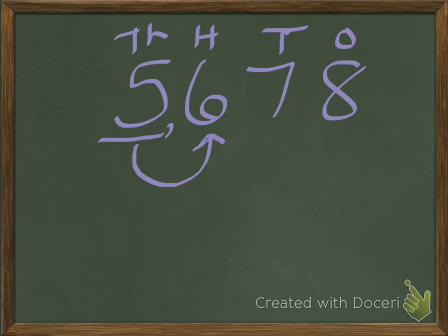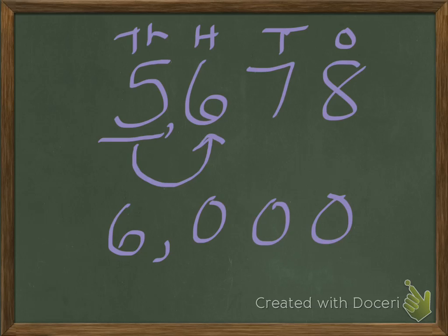Yes, it is. So what do you do with the 5? You go up to the next number, which is 6. And then everything else turns into 0, 0, 0. So your answer is 5,678 rounded to the largest place value is 6,000.